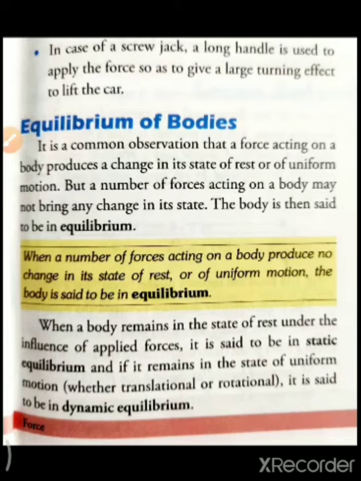If an object is moving with uniform motion, and even when a number of forces are acting it follows the same uniform motion, it is called dynamic equilibrium. So for the constant object, the word static is used, and for the moving object, the word dynamic is used.